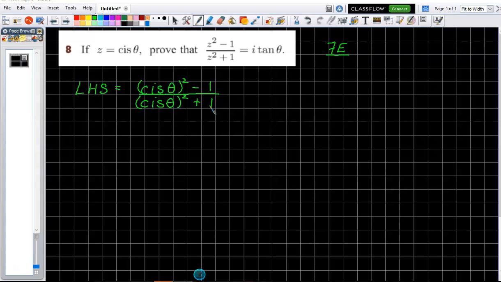Okay, so we've got this. Now we've got two options here. What are our two options? We've got to make a decision, because when we see cis theta, what do we think? We can either replace cis theta with cos theta plus i sine theta.